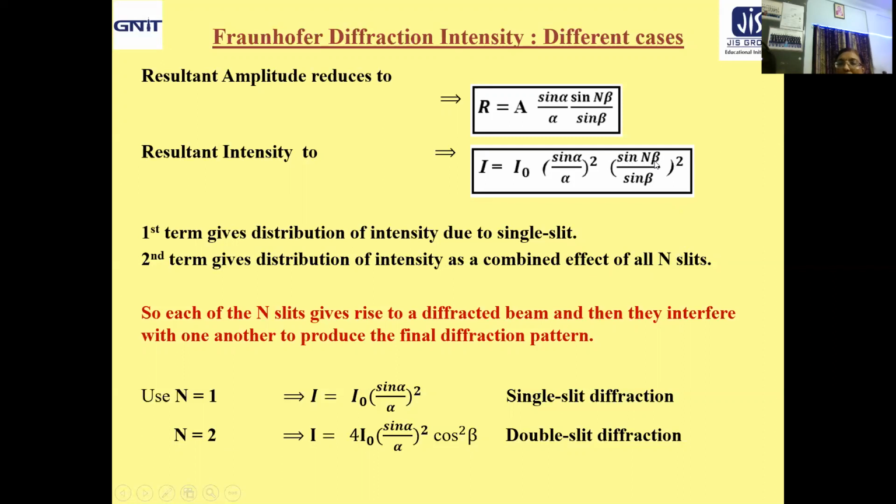So 4 sine square beta cos square beta by sine square beta. So what you are getting? 4 cos square beta out of this factor, that is expected for double slit diffraction. So this is the generalized expression for intensity due to n slits, from where you can get back the intensity for single slit, double slit, etc.